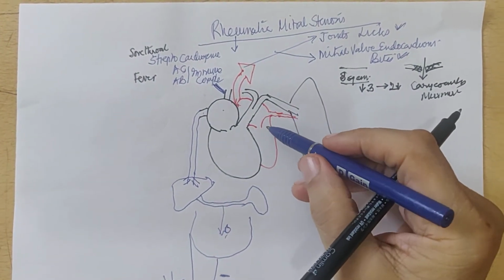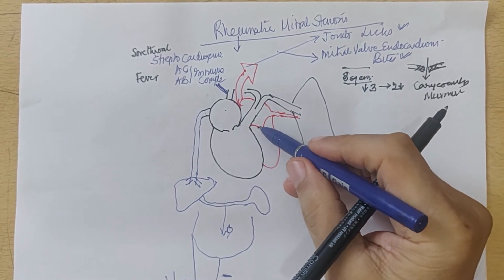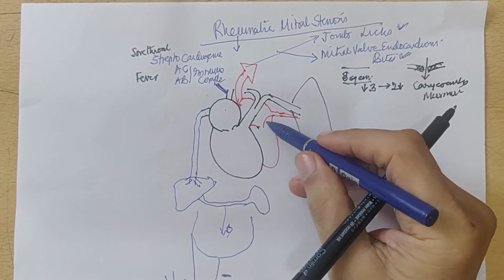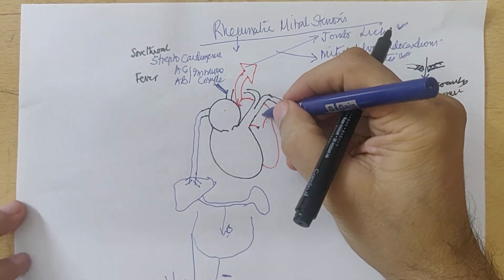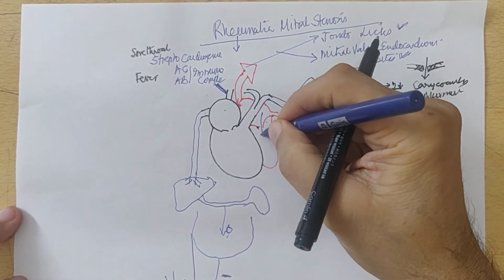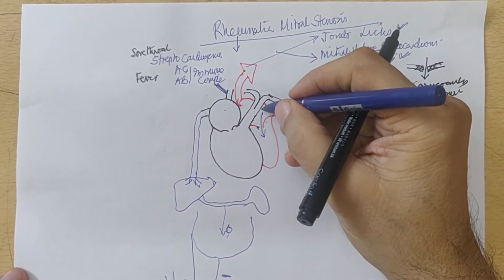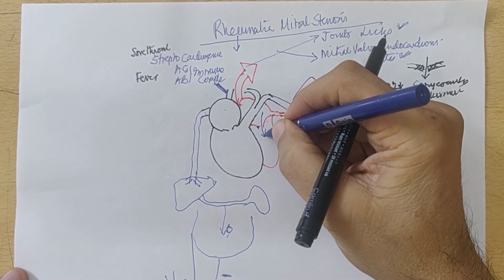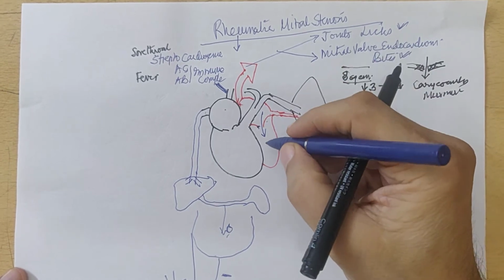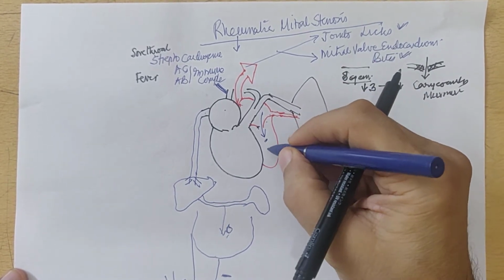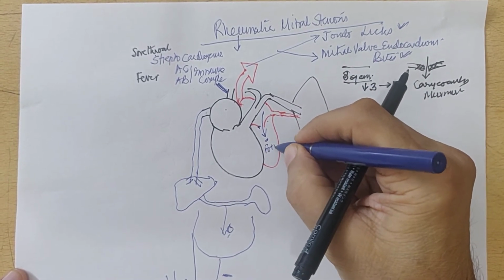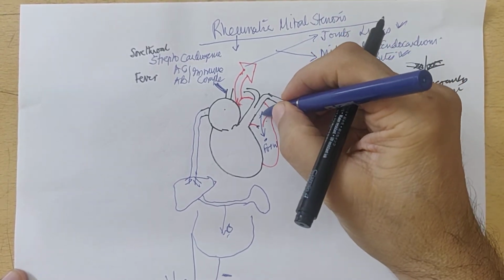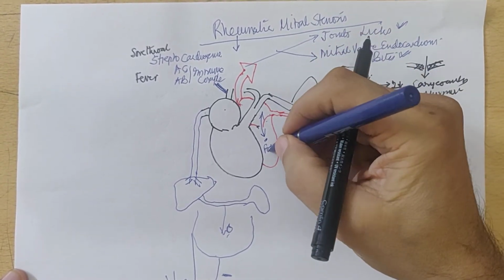So now, if this mitral valve is narrow, then there is obstruction of the blood from flowing from the left atrium to the ventricle. So consequently, there will be two types of failure: a forward failure and a backward failure or back pressure.